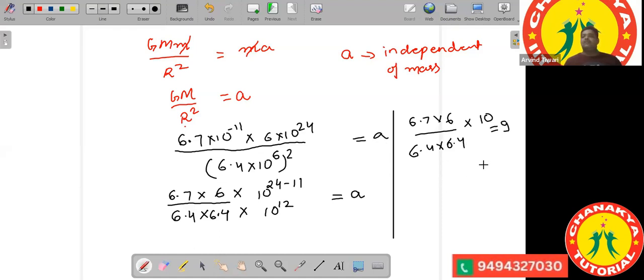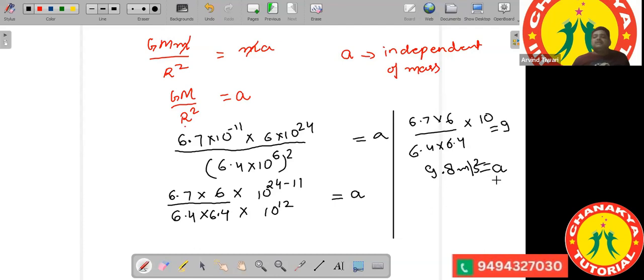So the value of acceleration that we have taken comes out to be 9.8 meter per second square. And since this acceleration is due to the gravitational force of Earth, we call it gravity.